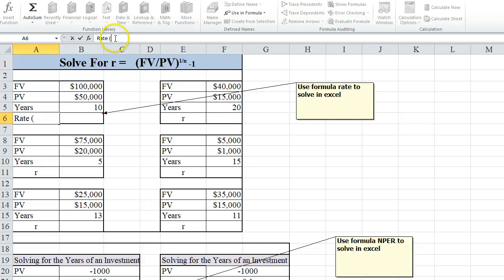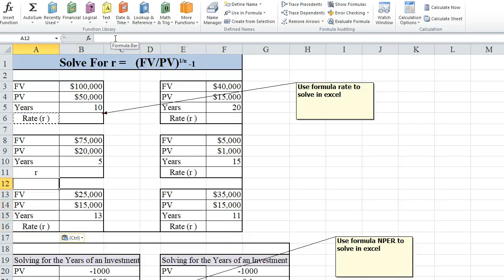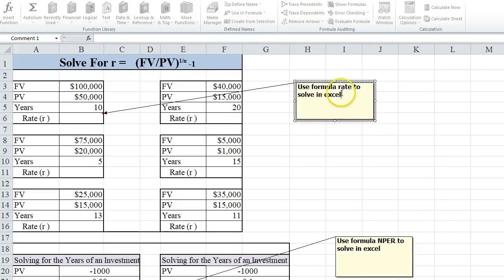Okay, so we're solving for R. So let me just update these cells here. What we're really solving for is rate. So here I have used the Excel formula RATE to solve in Excel.